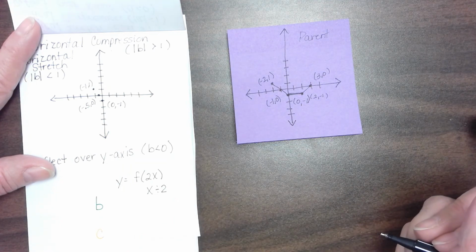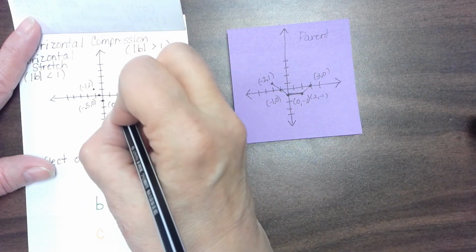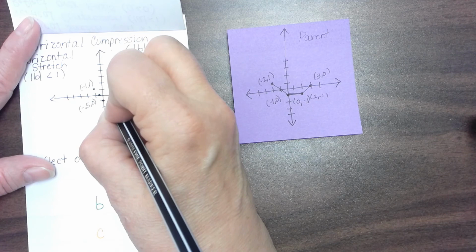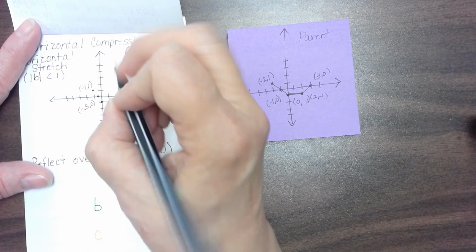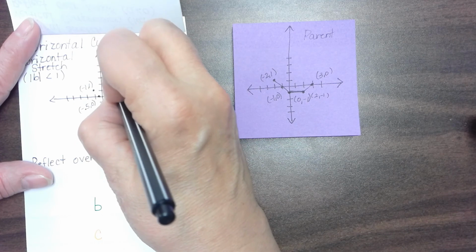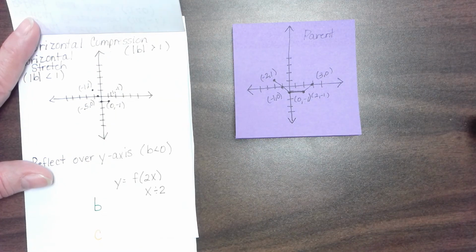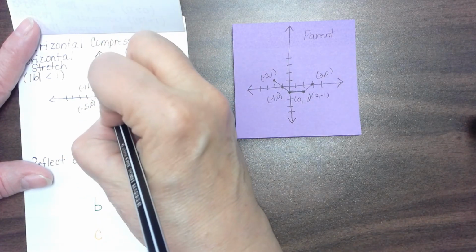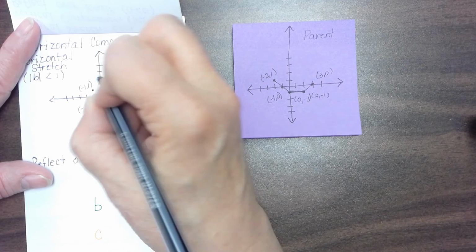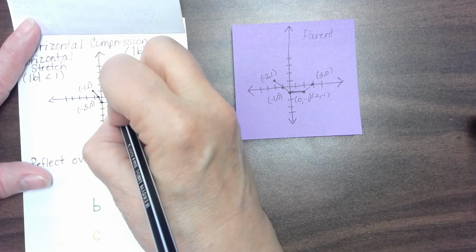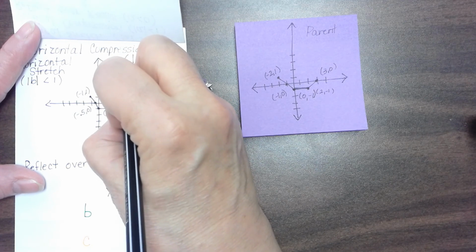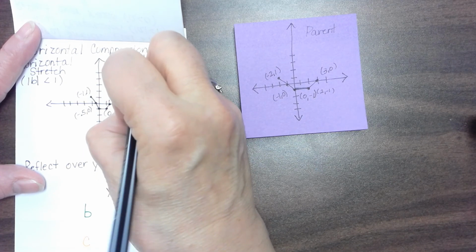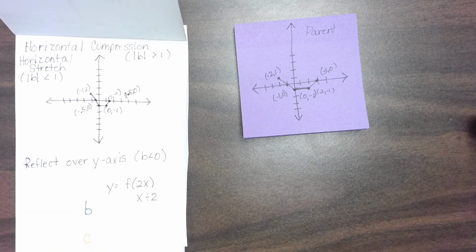Then we have 2, negative 1, so we have 1, negative 1. I'm sorry about that. And then we have 3, 0, and that will give me 1.5, 0. And so we have our new one.